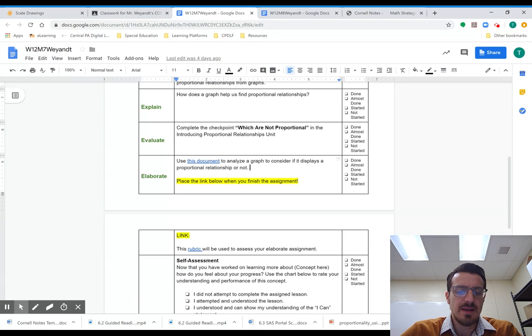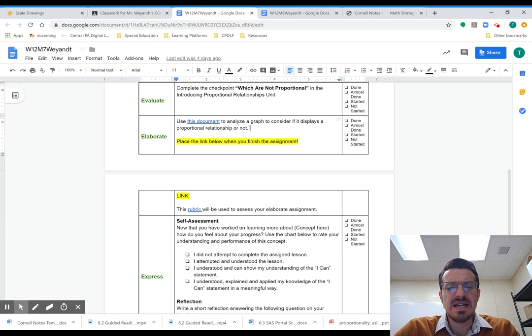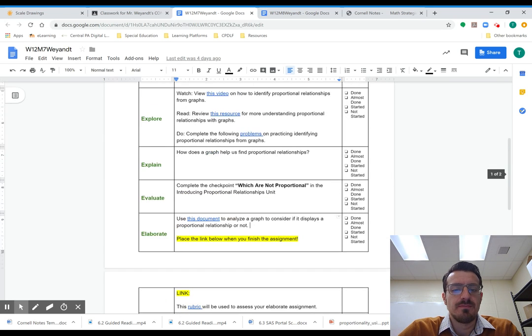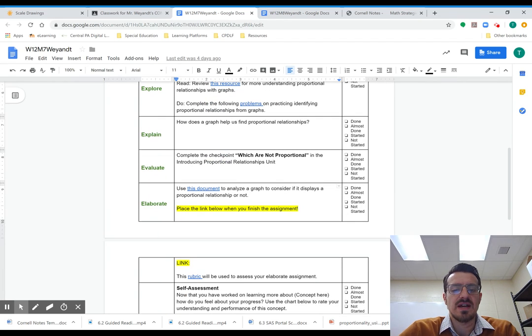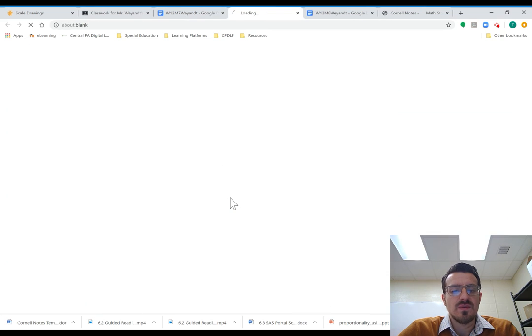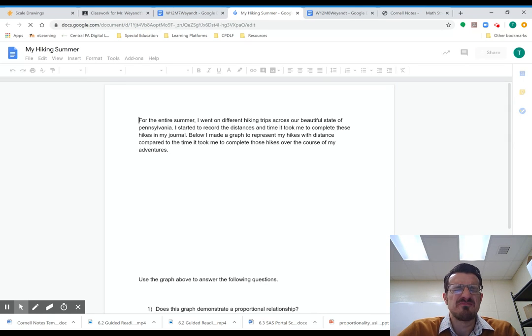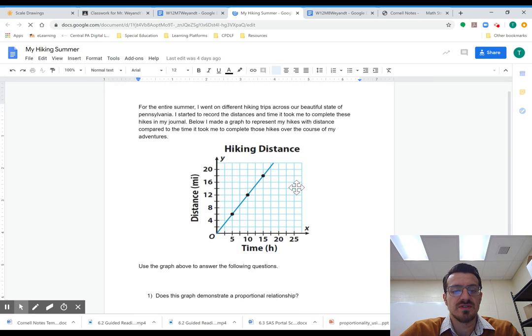Then in the elaborate section, I have a document that has you analyzing a graph, which refers back to our learning target: I can analyze different graphs to find proportional relationships. You're going to tell me, does that graph display a proportional relationship or not? And there are some questions that are going to be asked. If you notice throughout some of our other assignments as well, we've used what I call literacy questions.